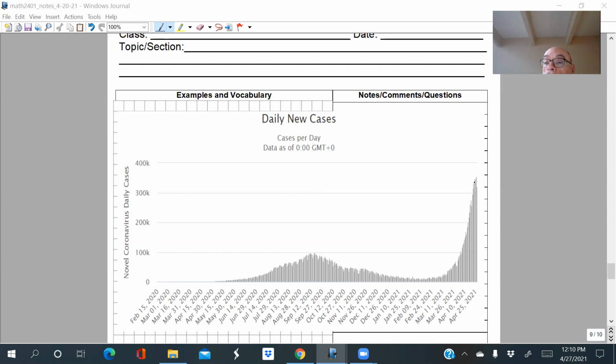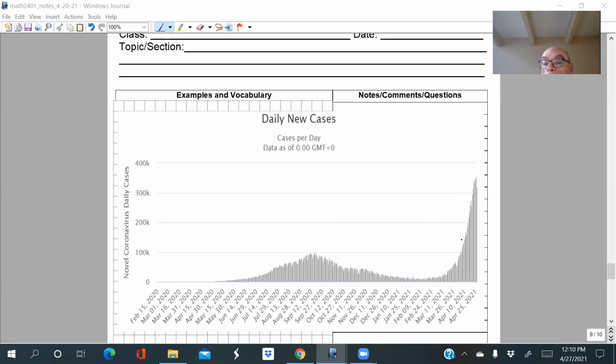And again, these projections are difficult to make because the number of new cases in an epidemic is not steady, okay? As time goes forward, the rate of change of these cases is itself going to change. And why does that happen in an epidemic?